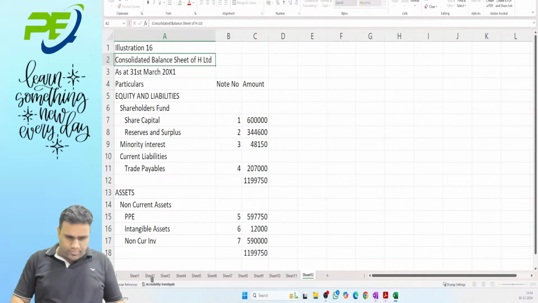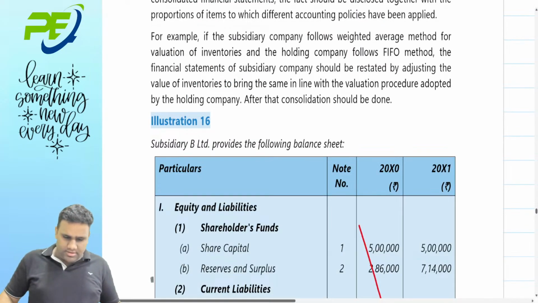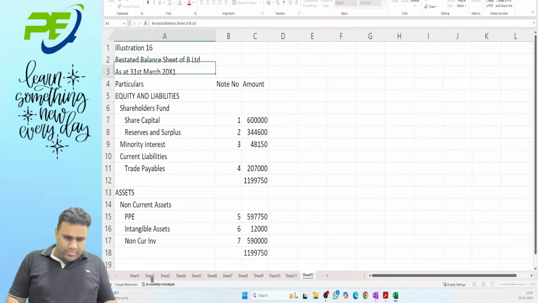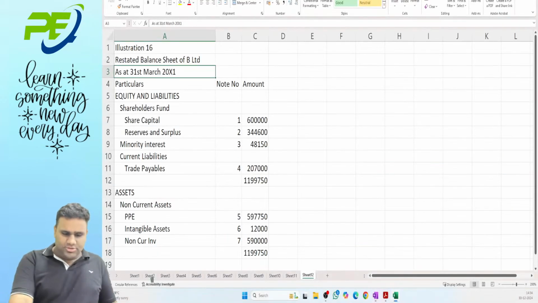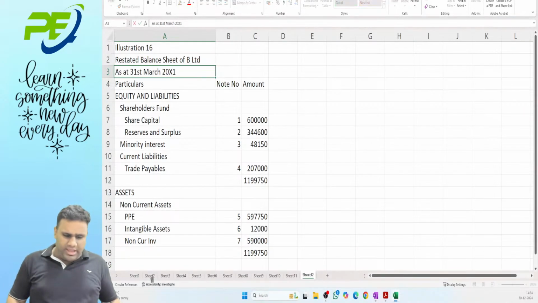Restated balance sheet of S Limited. Restated balance sheet of S Limited as at B Limited. Okay, B Limited. As at 31st March 2008. Because both of them are following calendar.